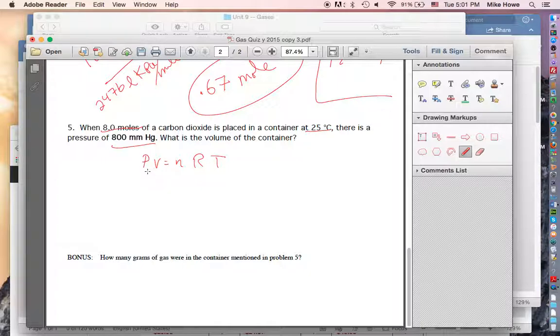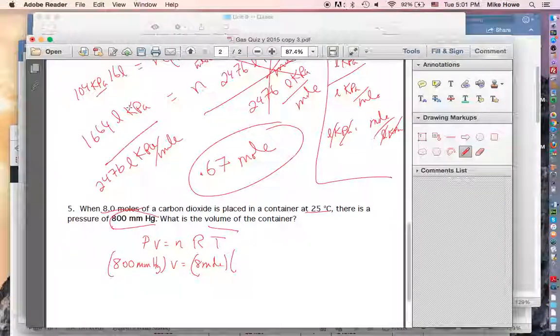This time we'll look at our variables and see if we can find anything to match them. I've got a P right here, so pressure, 800 millimeters of mercury. We're looking for volume, so for volume, we just put a V in. 8 moles, that'd be N. R. The unit of pressure is millimeters of mercury.